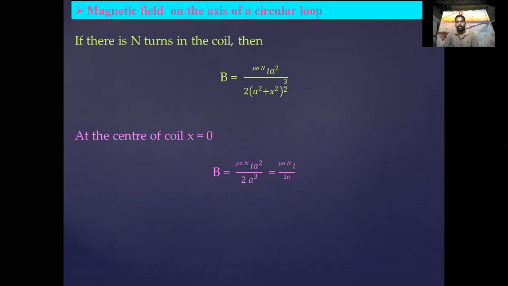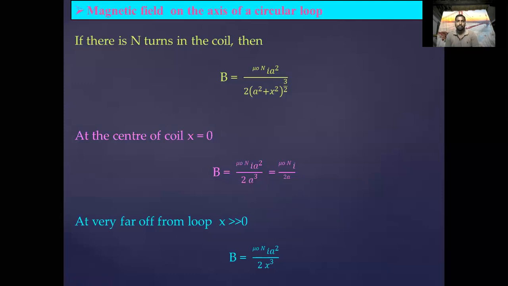Another condition is when the point is far away from the center. At very far away from the loop, x is very much greater than a. At that time a is negligible. The distance is very large compared to the radius.